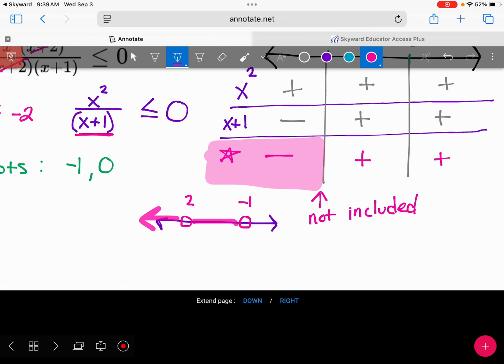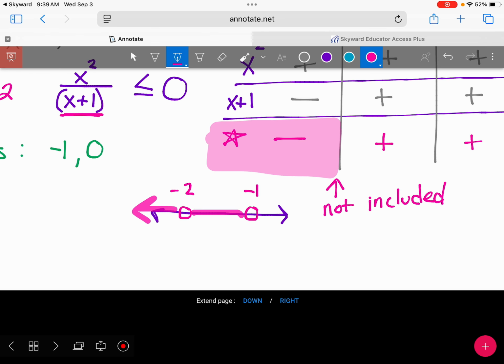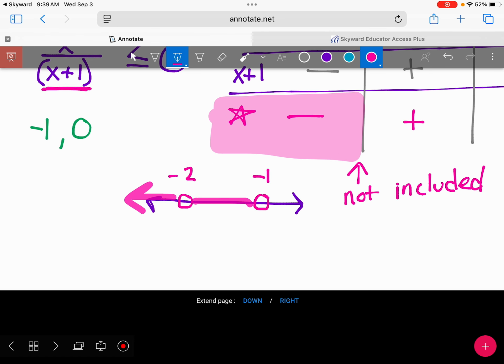Right, I did. Like that. So we're going to have our -infinity up to -2. And then we've got to take from -2 up to -1. We just have to jump over that -2 right there.